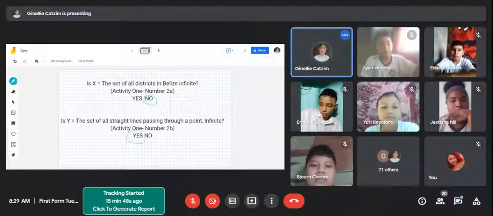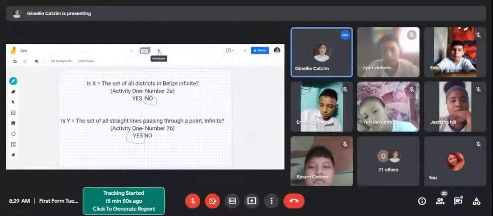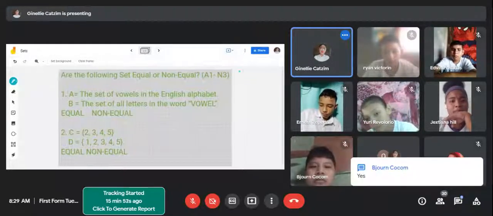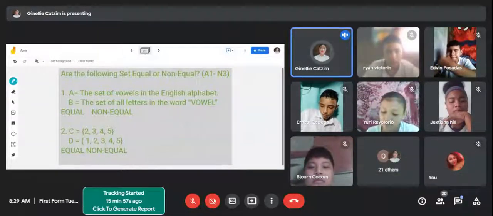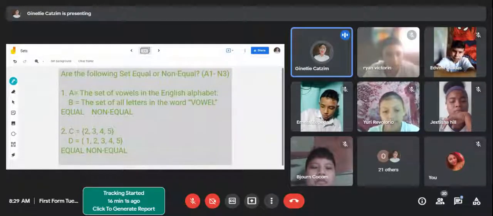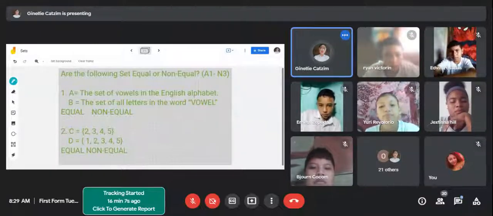So, very good. Now, are the following equal or non-equal sets? We have number one. Set A is the set of vowels in the English alphabet, and set B is the set of all letters in the word vowel. Is it equal or non-equal?